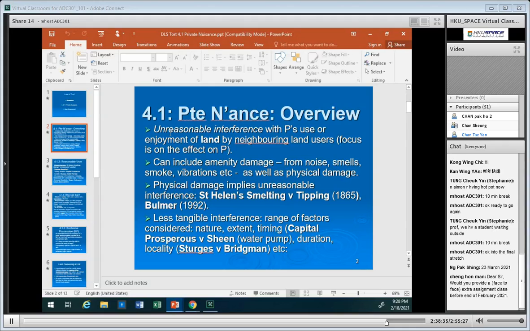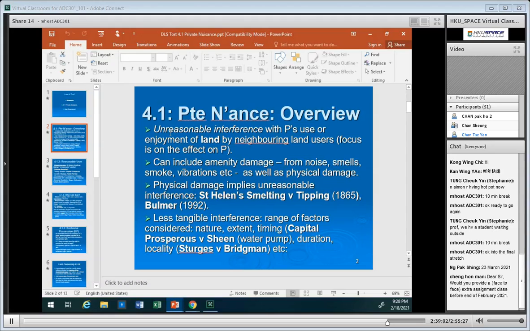Smoke is a common form of nuisance, vibrations, etc., as well as physical damage, okay? But as I say, I emphasize, when you're looking at private nuisance, look at the damage suffered to the plaintiff's land. If there's actually physical damage to the land, that is unreasonable interference, full stop. If it's less tangible interference, then the court will look at a range of factors, which we're going to look at in a moment, okay?